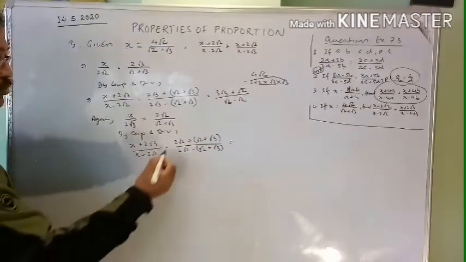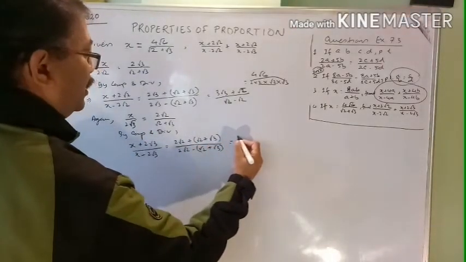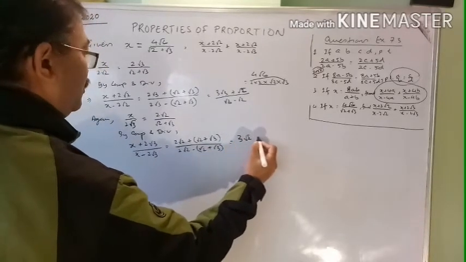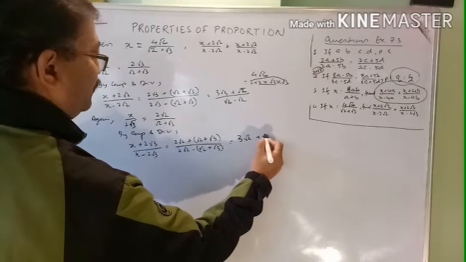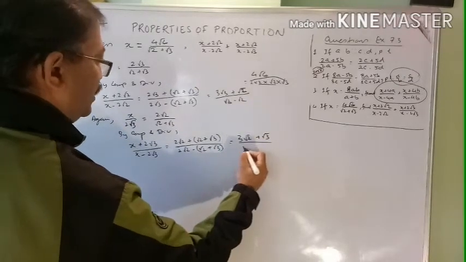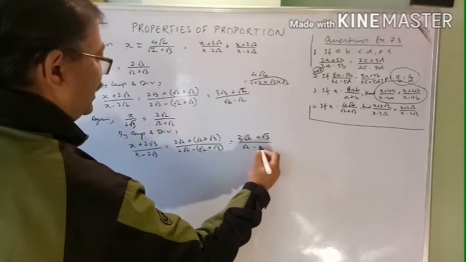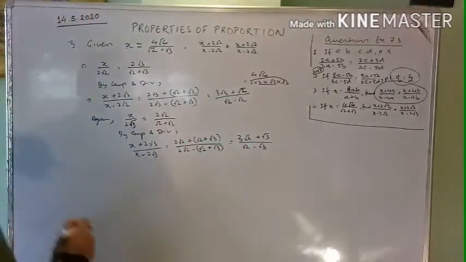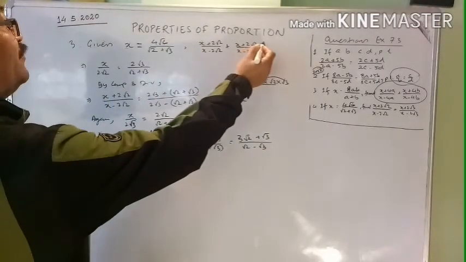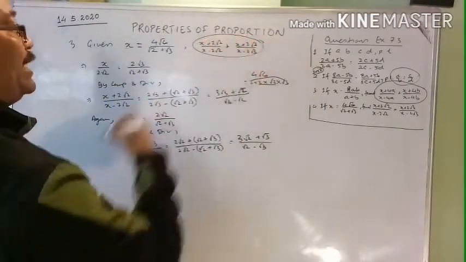And this will give you 2 root 2 plus root 2 will be 3 root 2 plus root 3 there, divided by 2 root 2 minus root 2 will be root 2 minus root 3. Now once again, to find the value of this expression, we will combine now.